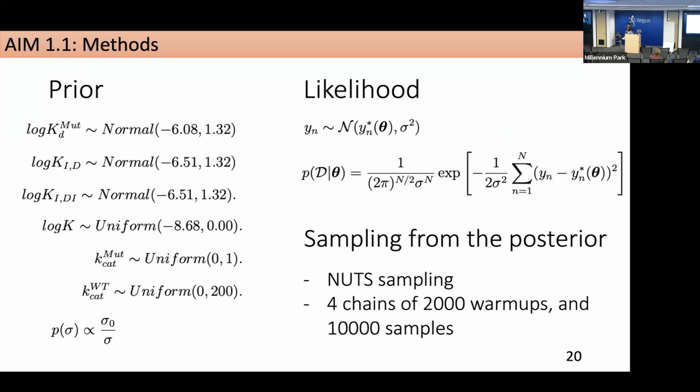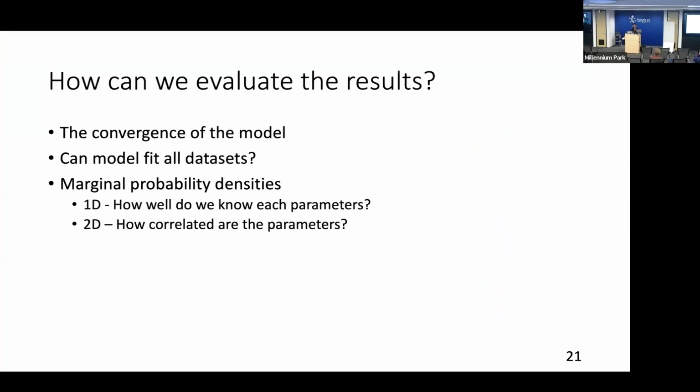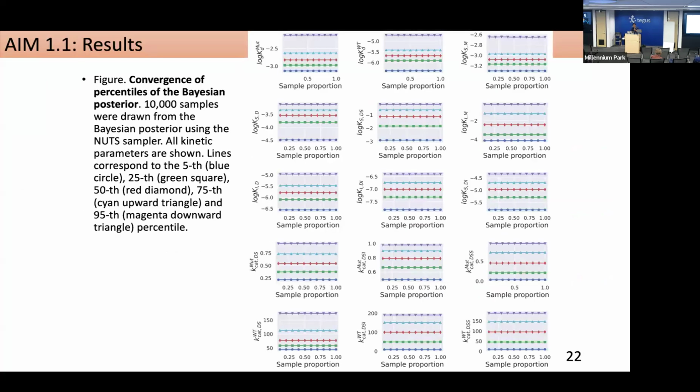And we used the Bayesian regression tools within Python packages. I think it was PyMC4, if I'm remembering correctly. Okay, so then we get results. We want to check that our posteriors are converged.